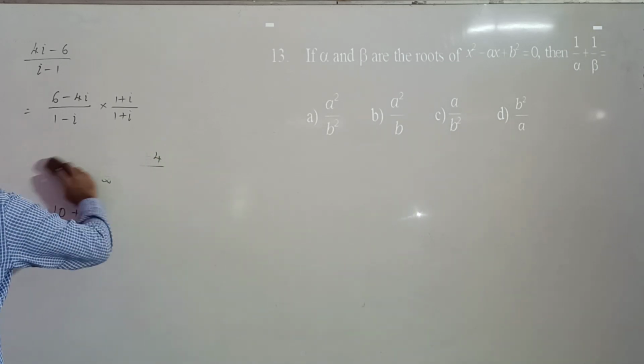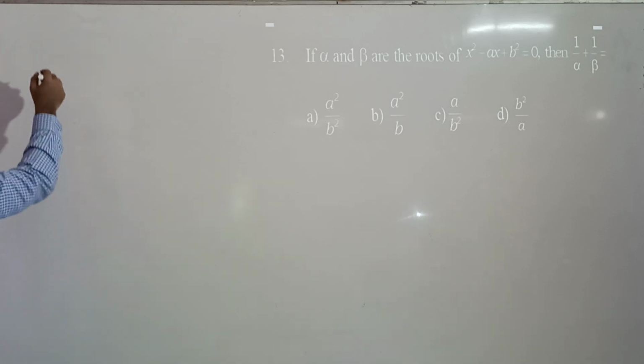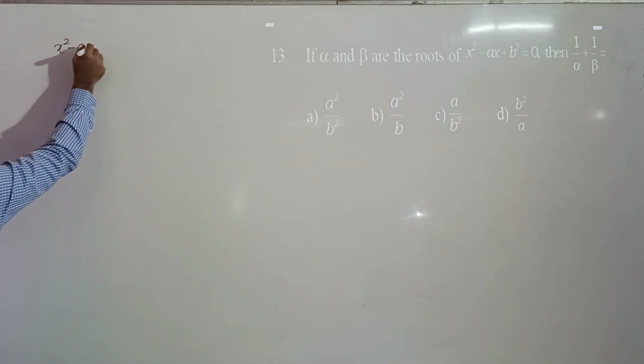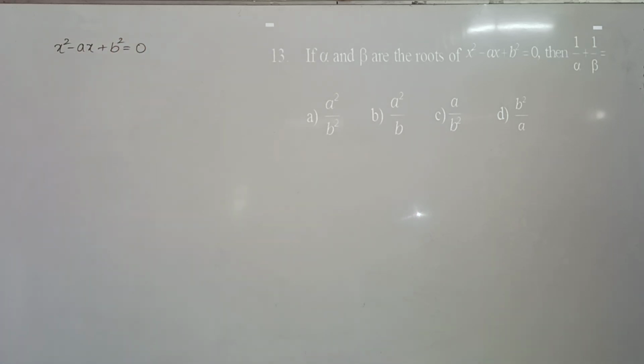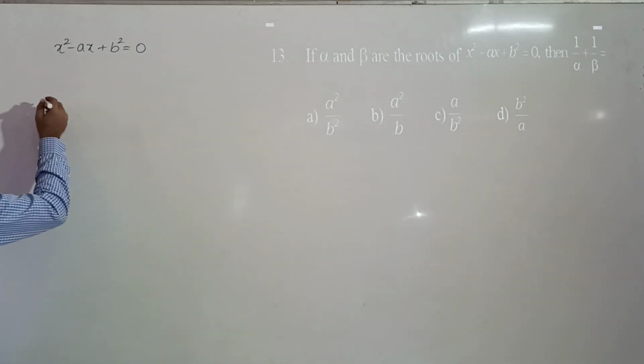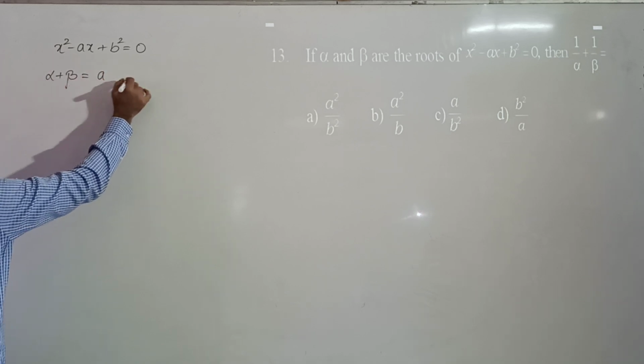Then 13th question. If alpha and beta are the roots of x square minus ax plus b square is equal to 0, then what is 1 by alpha plus 1 by beta? From this we can write alpha plus beta, the sum of the roots, is equal to a.